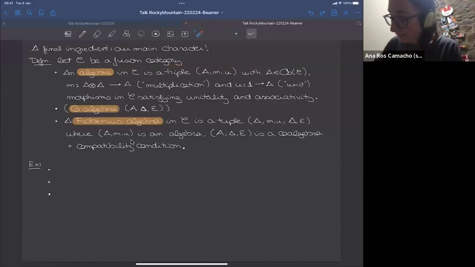So triples (A, m, mu): A is an object, m a multiplication, the map relating 2 copies of A to A, and mu relating the unit to A, satisfying unitality and associativity, like the usual, in graphical language. Similarly for the coalgebra, but just reverse the arrows. So comultiplication will go this way, counit will go this way, and coassociativity and counitality need to be satisfied.